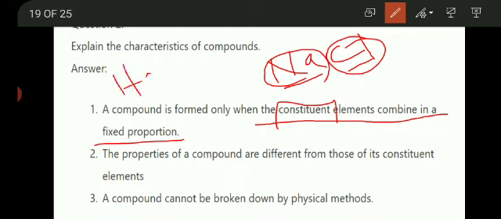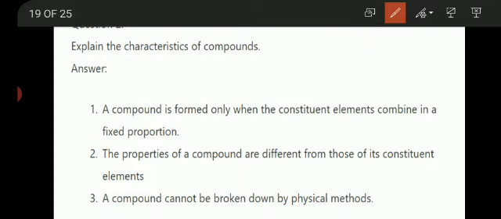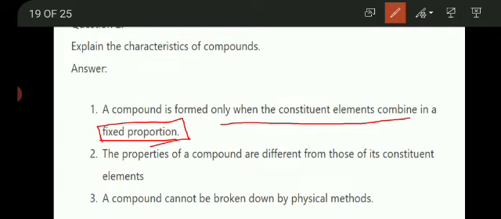If I take H2O, what are the constituents? H2 is one constituent and O is also one constituent. So from that, what should we understand? A compound is formed only when the constituent elements combine in a fixed ratio. That is the key point. The key point of a compound is fixed proportions.